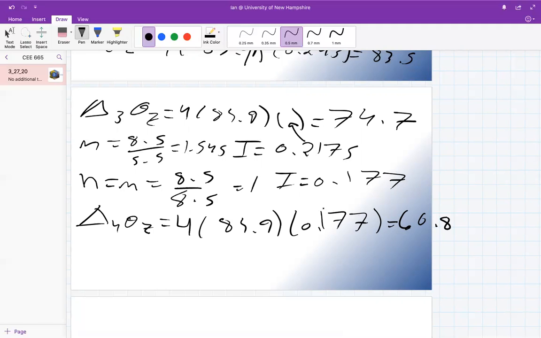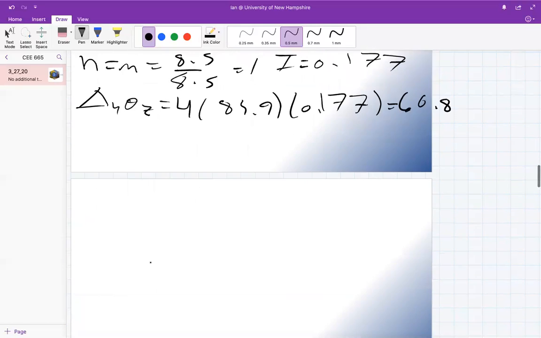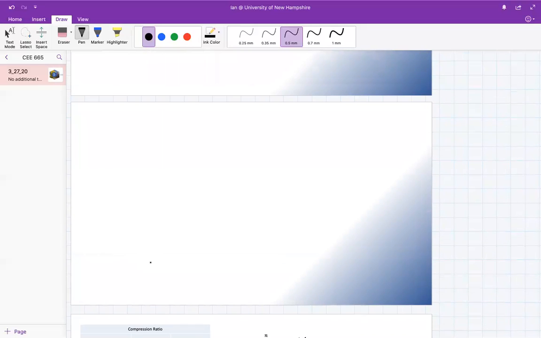You can see that we're effectively decreasing in stress and change of stress as we go deeper into the soil strata. The next thing we are going to do is find our final vertical stress.